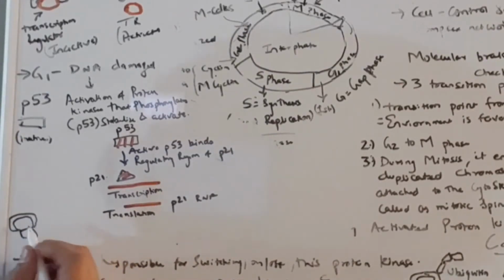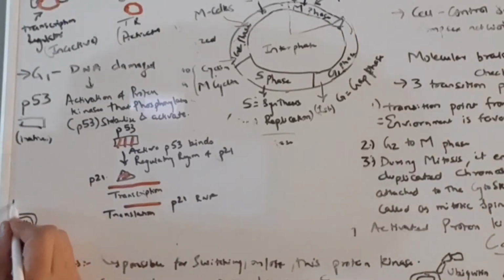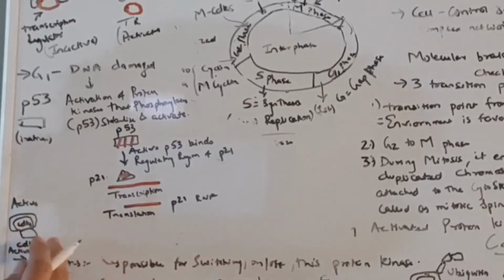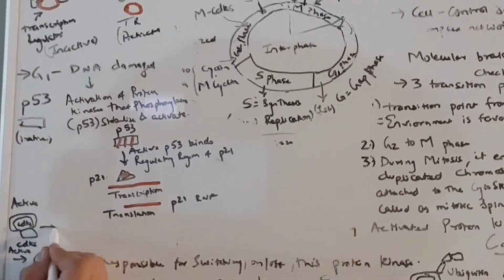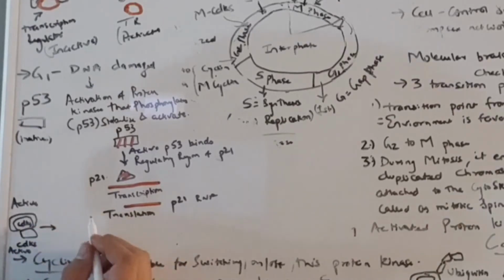For example, this is our active CDKs, right? Active CDK is right here. I will write it down, active. Right now the CDK is active. So what will happen? This P21 will now inactivate this.